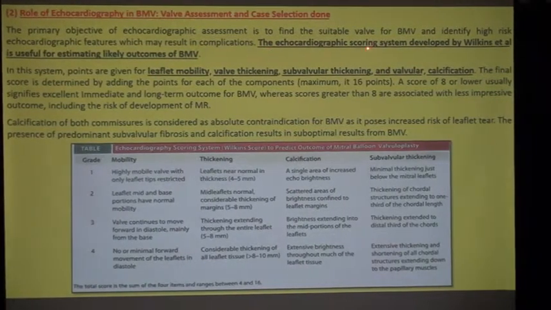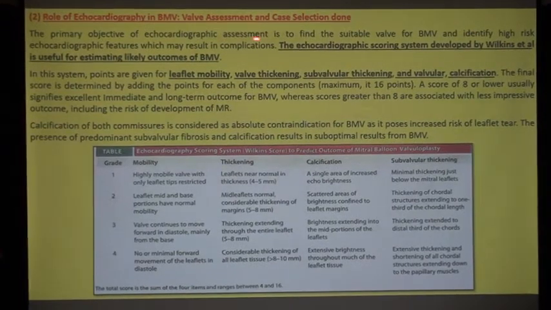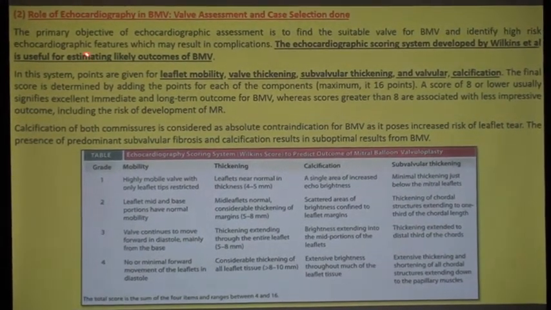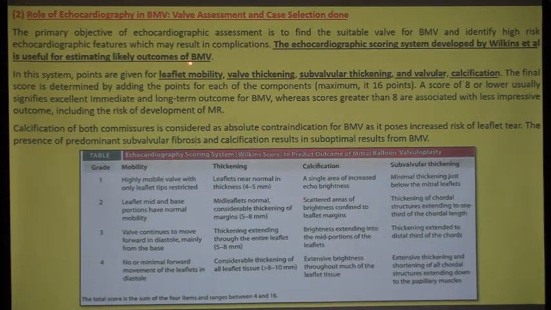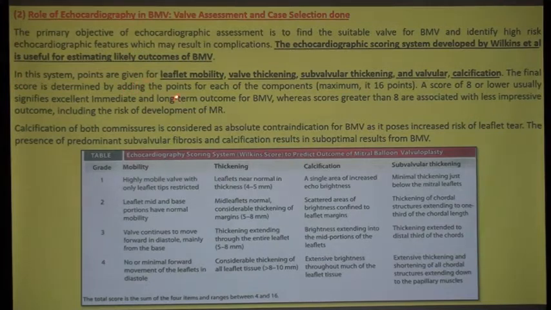The echocardiographic scoring system developed by Wilkins is useful for estimating likely outcomes of balloon mitral valvuloplasty. In this system, points are given for leaflet mobility, valve thickening, subvalvular thickening, and valvular calcification.